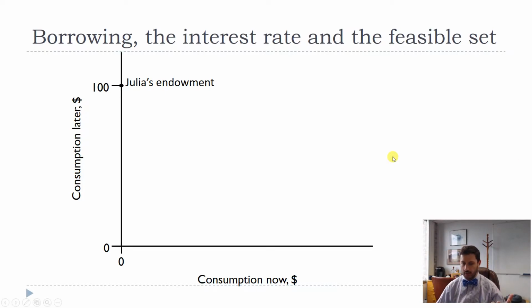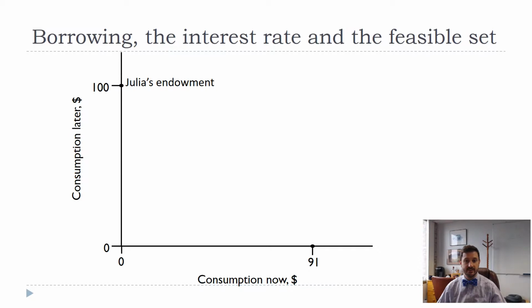So how do we know what she's going to borrow? Well, unless she's borrowing from her parents, she's not going to be able to borrow the full $100. And the reason for that is that she's going to have to pay interest. Now, the interest rate is what a borrower pays or what a lender receives in order to borrow and lend.